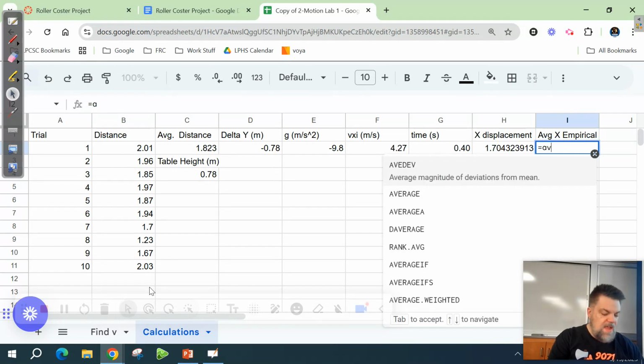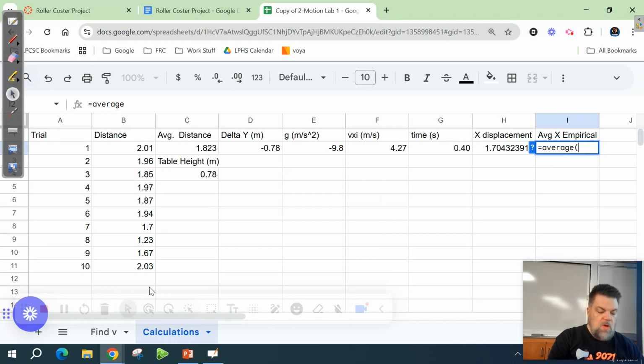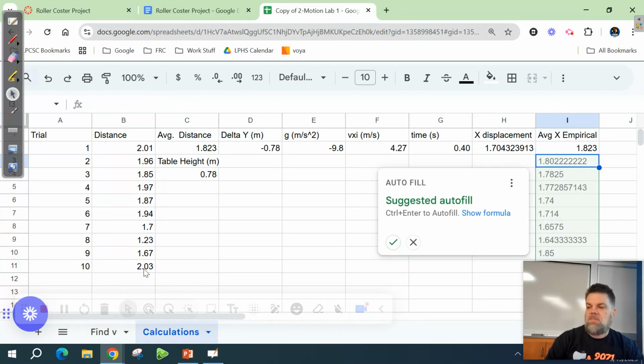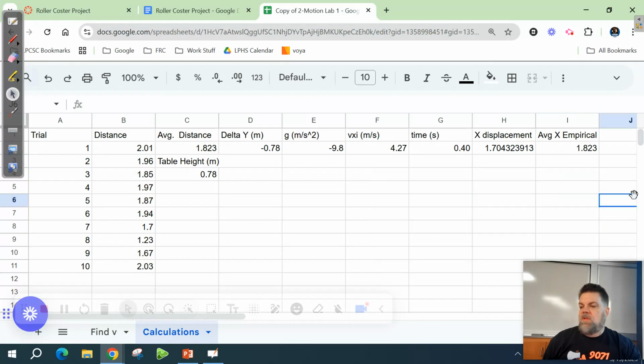So you type out the word average, open parentheses, and then highlight the distances. Then close your parentheses. Then hit enter. And you don't need to do the formula.